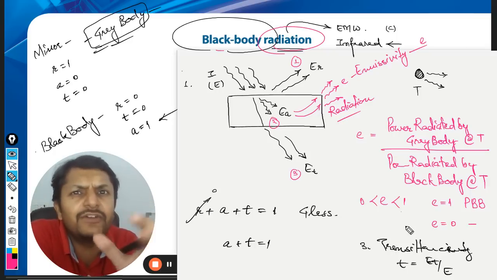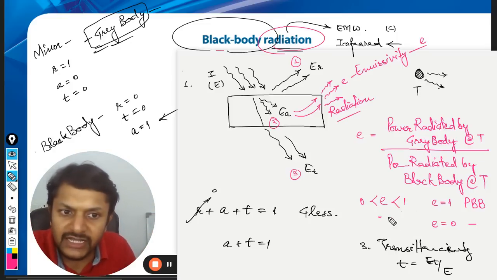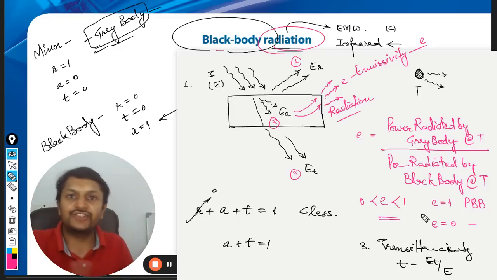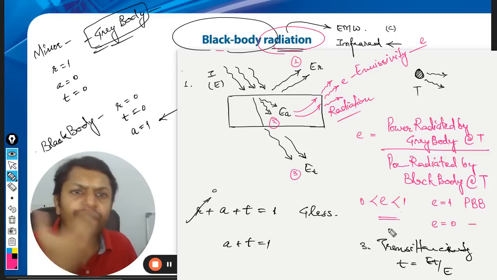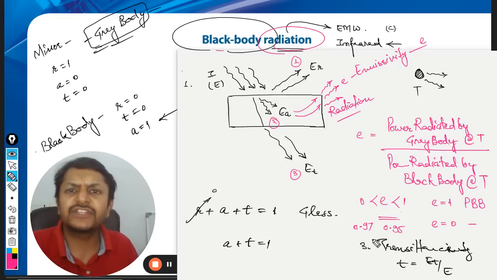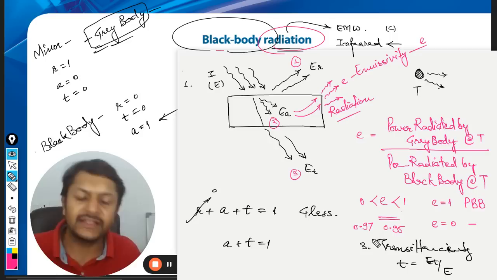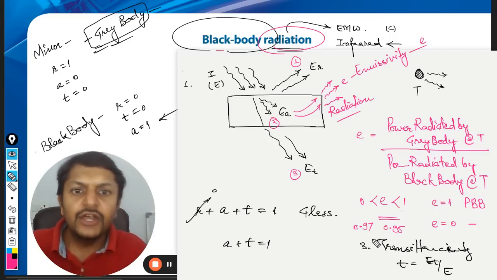By the way, E is never equal to 1 either, practically speaking. So for gray bodies, E is always within this range. Like emissivity for many things is a very high number, like 0.95 or 0.97, which can be approximated as 1 also, something like that.